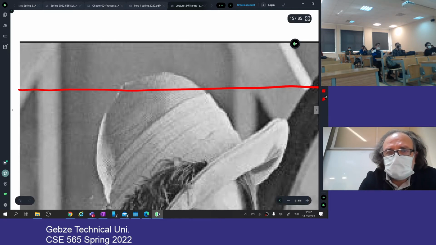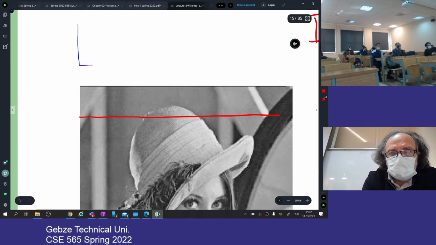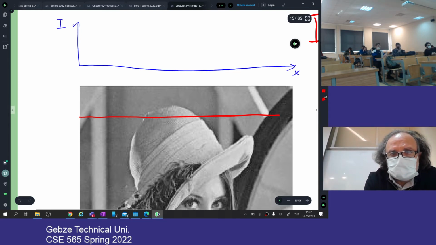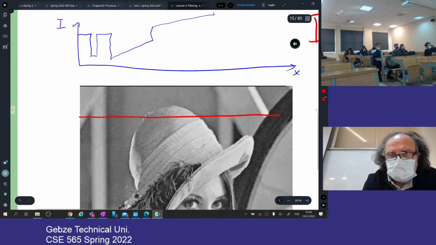In terms of intensity values and x, it looks like it gets high and then very low, goes a little bit, then gets high again, and is low, and from this point to this point it does that, then it goes high again and gradually increases, and here it goes down.